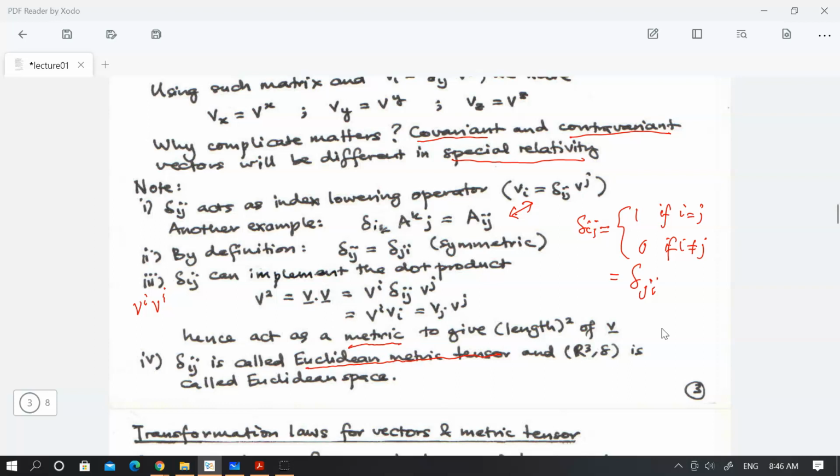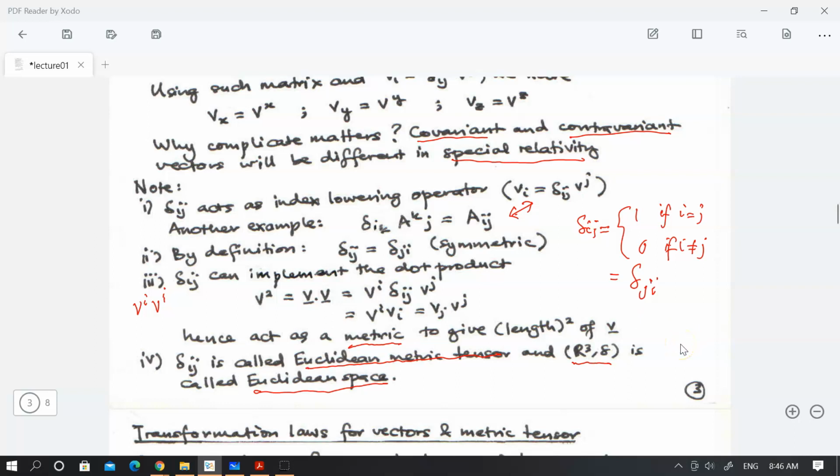Any orthogonal basis can give you this particular space, and this is called a Euclidean space. I hope that's clear, everyone. I hope you're still there.